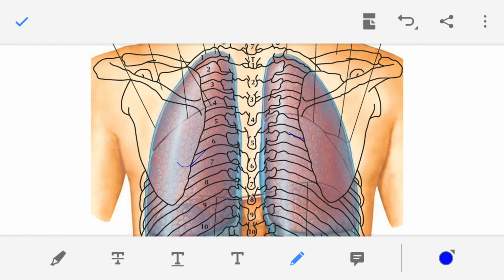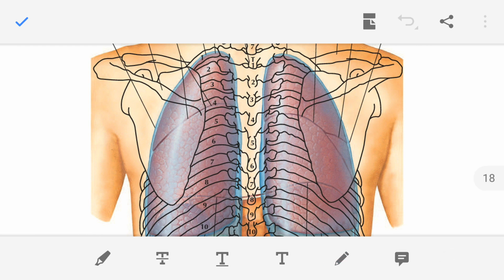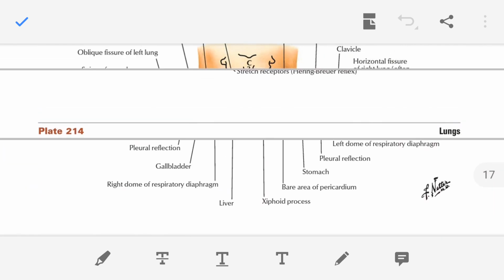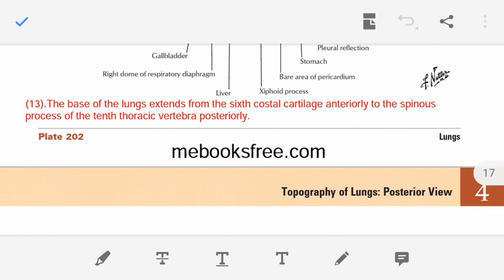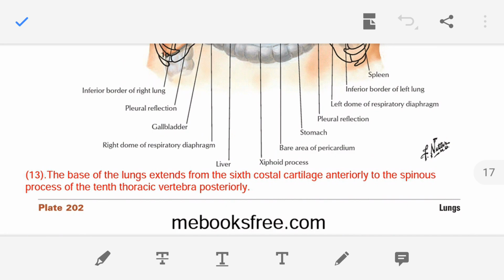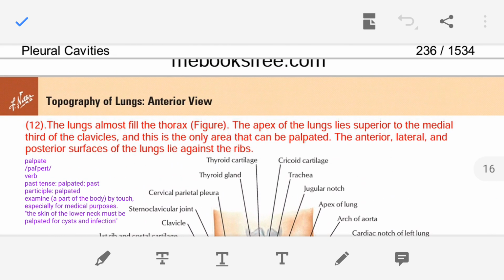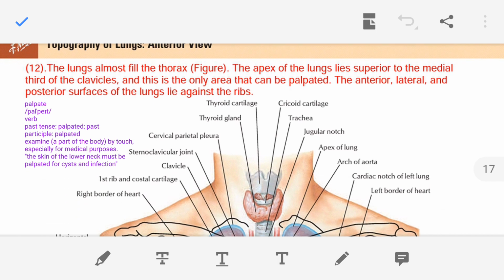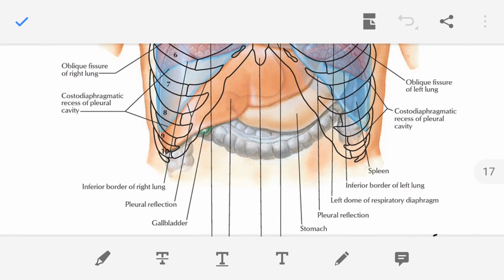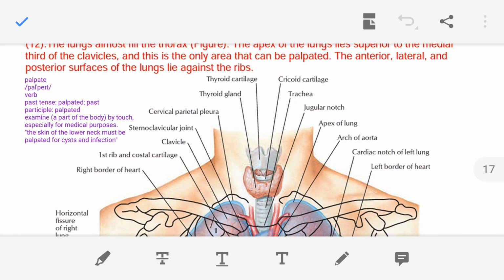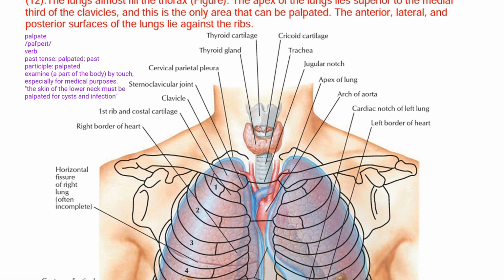Okay, so anteriorly, posteriorly, and sideways, the lateral side. So all three sides of the lung are facing the ribs. Okay, so that is the meaning of point number 12. So this is point number 12, and this is the figure.